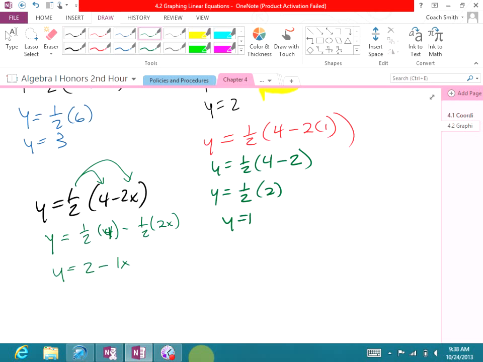That's not a problem. Now, the problem you do run into sometimes is, what if that would have been a third? If it would have been 1/3, then obviously you don't have that neat little 1/2 of 4, 1/2 of 2. You would have 1/3 of 4, 1/3 of 2. At that point, you wouldn't want to distribute it.